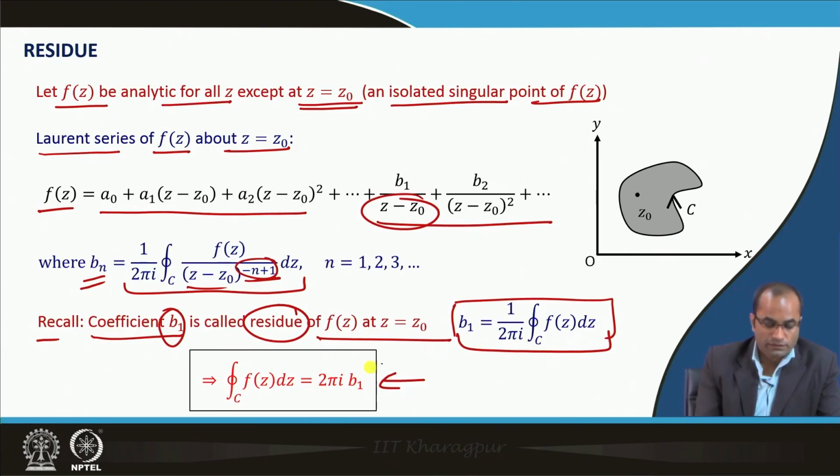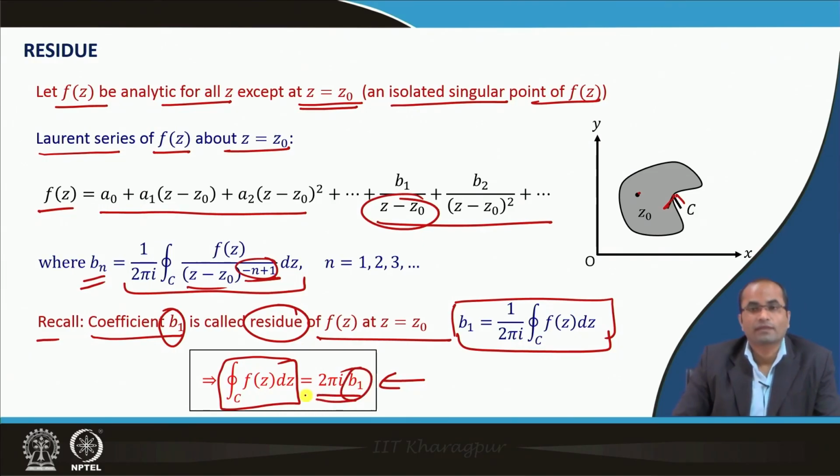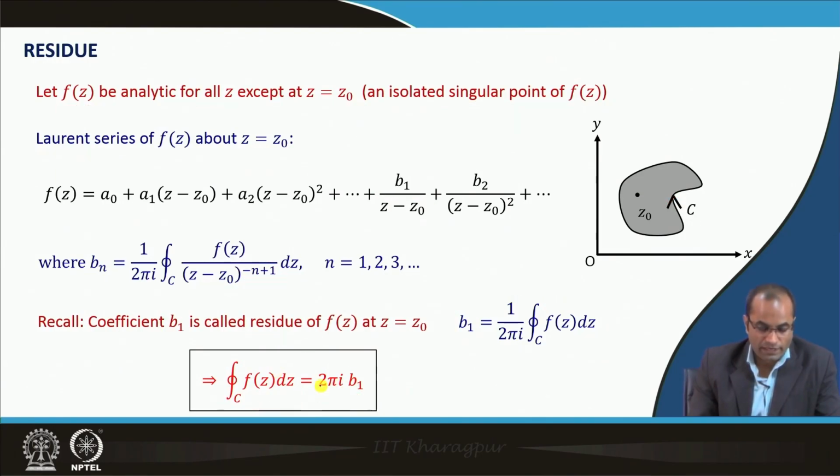The integral over C, a curve which encloses the point z naught, is equal to 2 pi i times b 1. So many complex integrals which are complicated to evaluate, we can get the value with the help of this formula, which says that the integral is going to be 2 pi i times b 1.